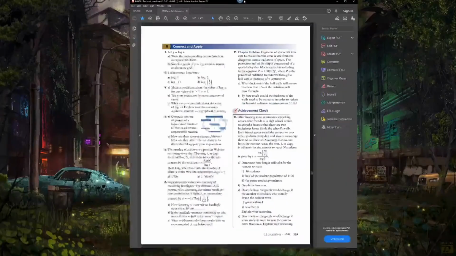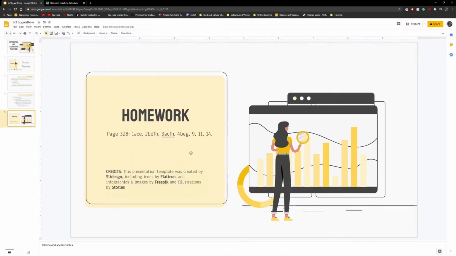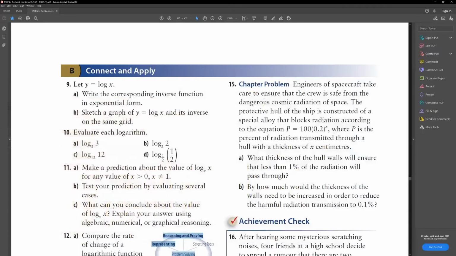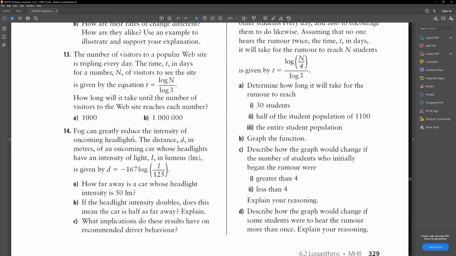Lastly, I've assigned 14. Sorry, it should be over here. There you go, 14. For 14, it's asking us to solve a word problem. However, this should be pretty simple. We're going to substitute 50 in and then solve for our d value.